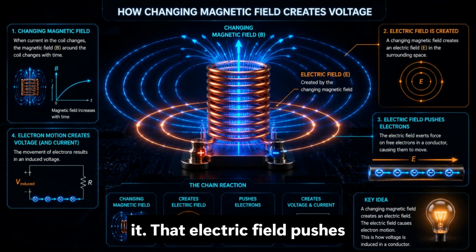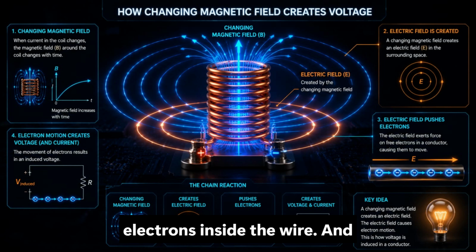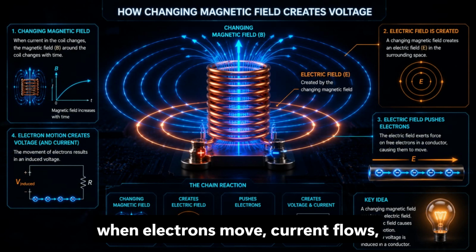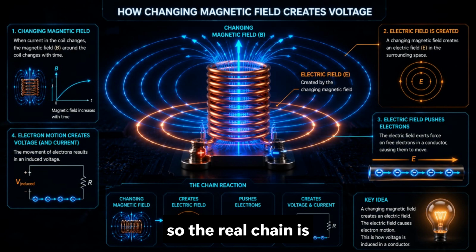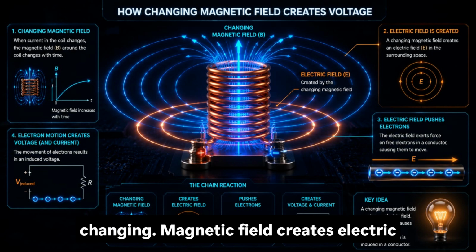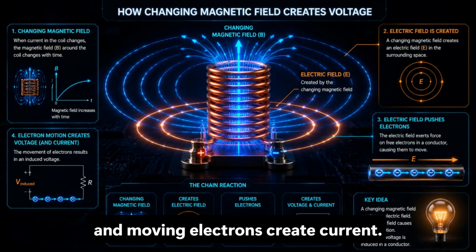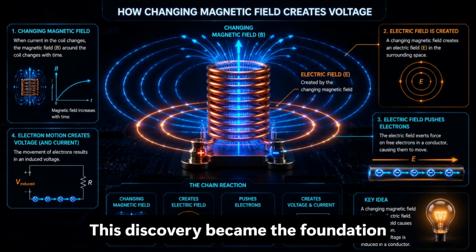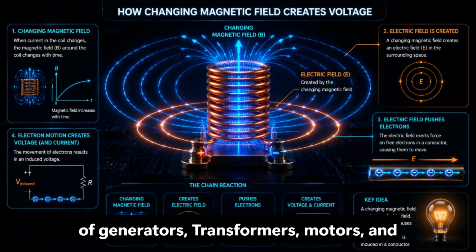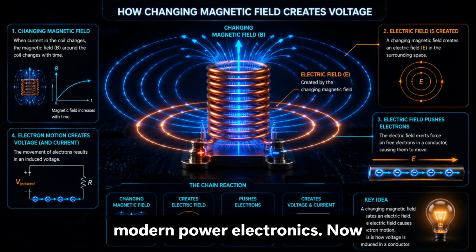That electric field pushes electrons inside the wire. And when electrons move, current flows. So the real chain is: changing magnetic field creates electric field, electric field moves electrons, and moving electrons create current. This discovery became the foundation of generators, transformers, motors, and modern power electronics.